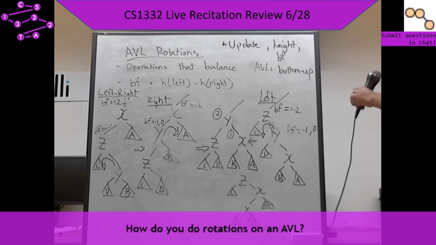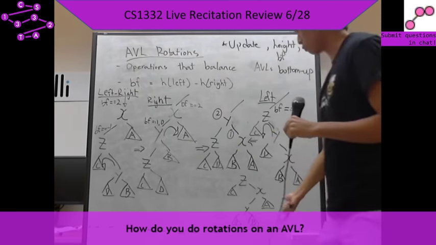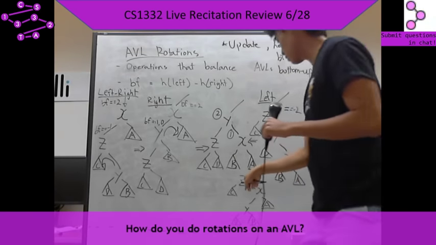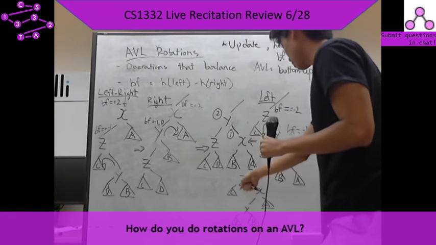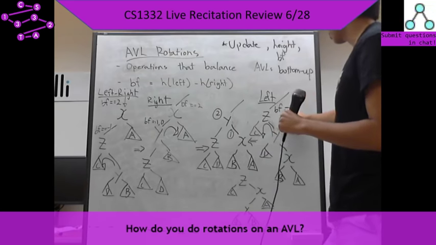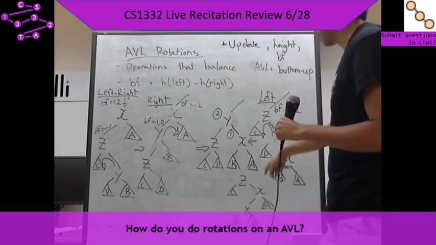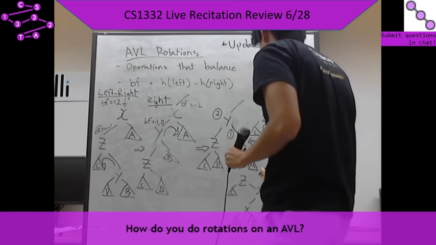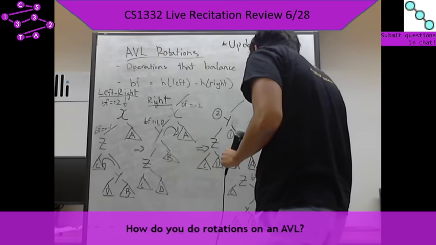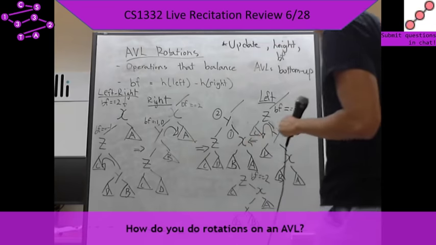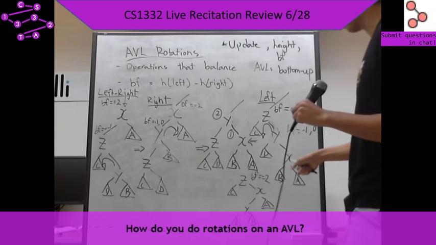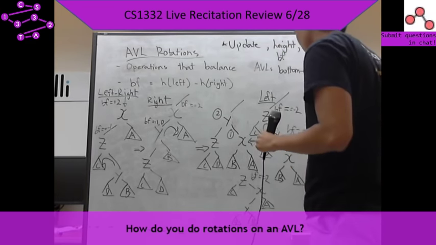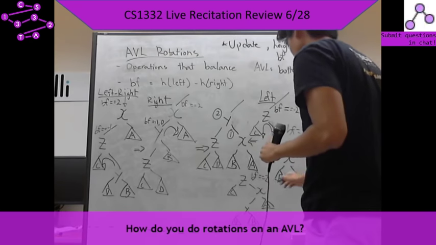Okay, so I didn't have room here, so I wrote it at the bottom. But you can see that this also has a zigzag shape, and it's similar to the left rotation case in the sense that z is right unbalanced. So it has a balance factor of 2. But its right child, unlike this case, has a balance factor of -1.